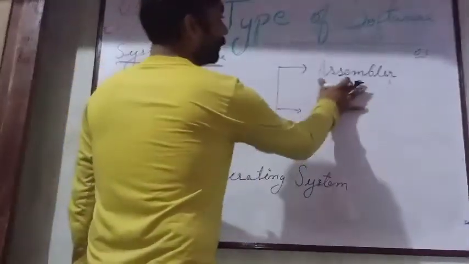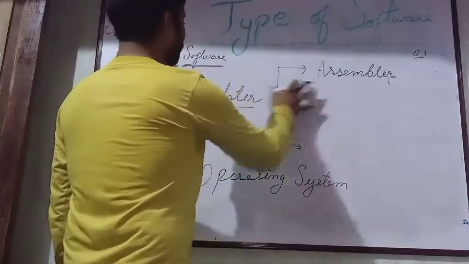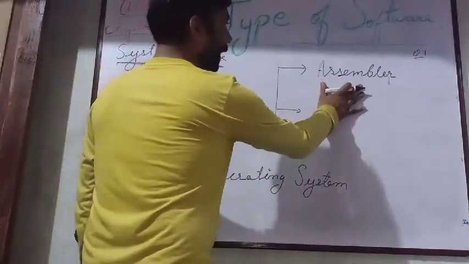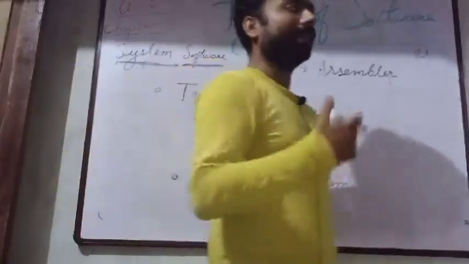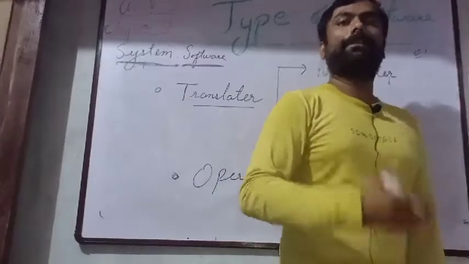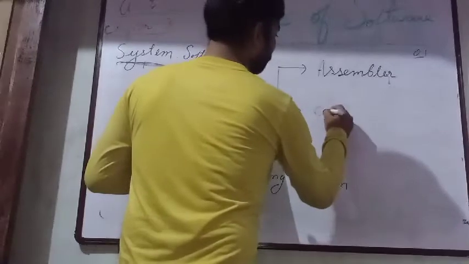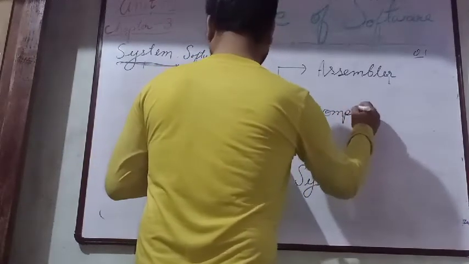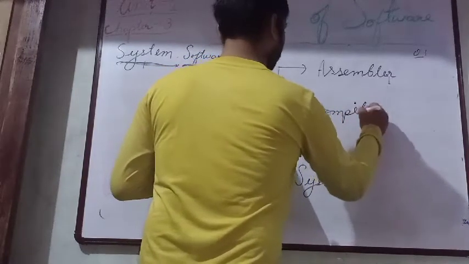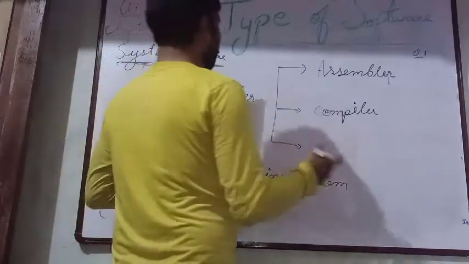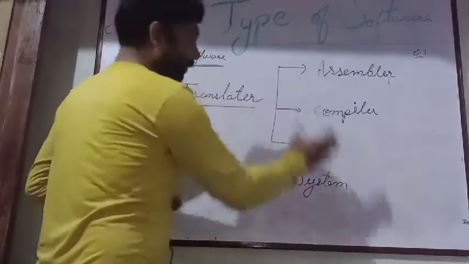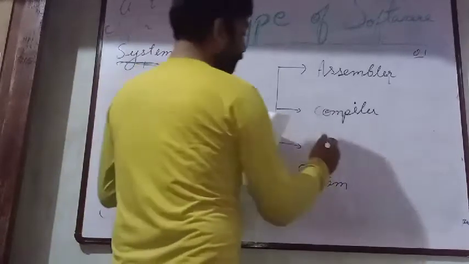Okay, so as I have told you, in the translator, the assembler comes in the beginning. As time moved on, the translator was improved from the assembler to the compiler, and then after the compiler, the next version, the interpreter.